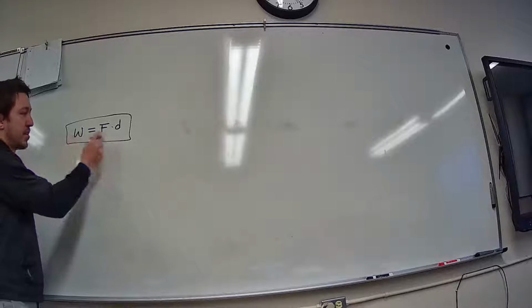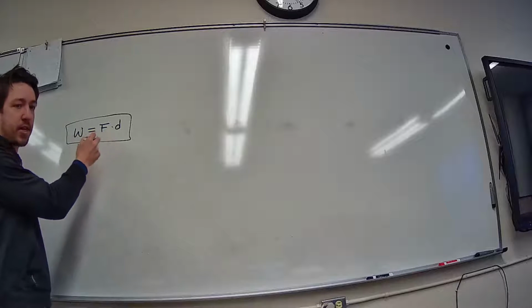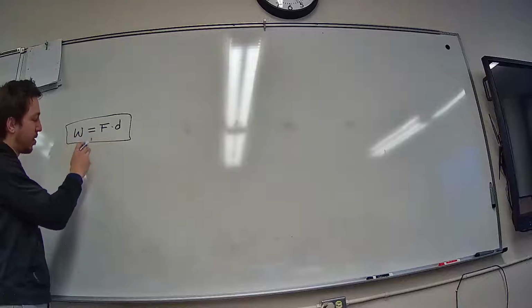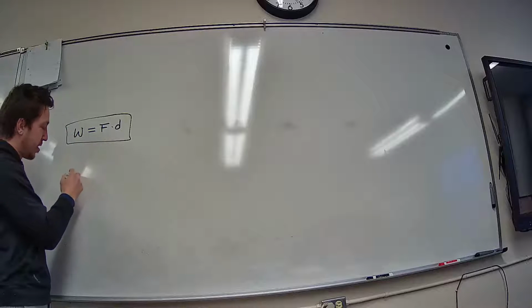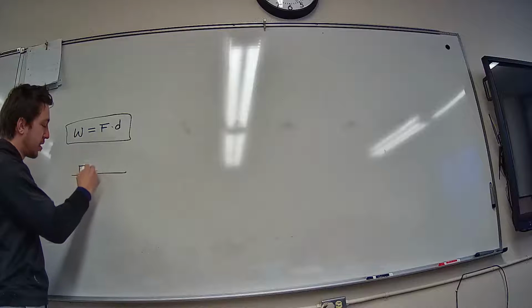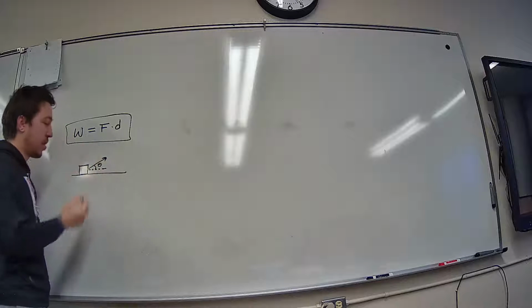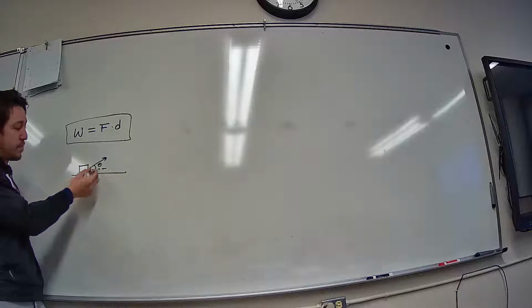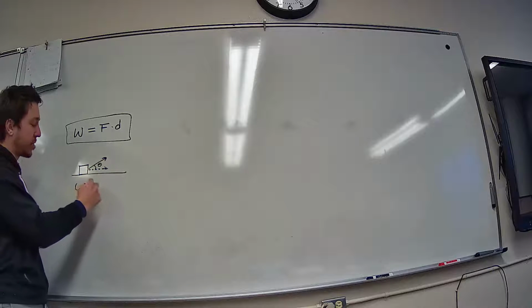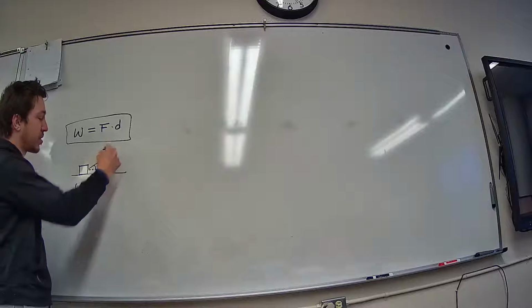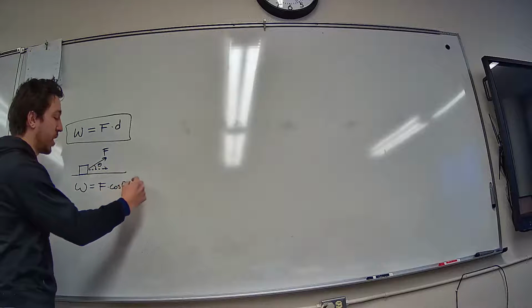By the way, this is not exactly a complete definition, because you guys remember when we said, well, actually, if you're pushing a block at some angle, say this was theta, it turns out that the work is actually this force times the cosine of the angle times the distance.